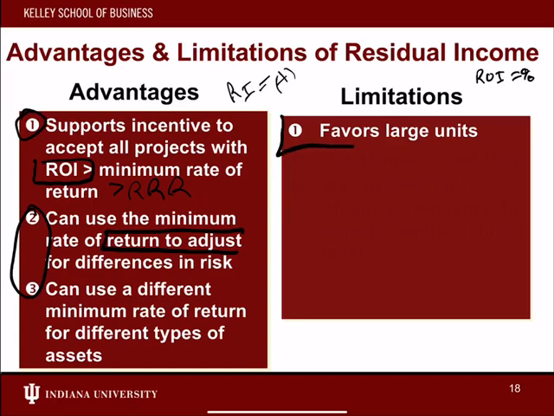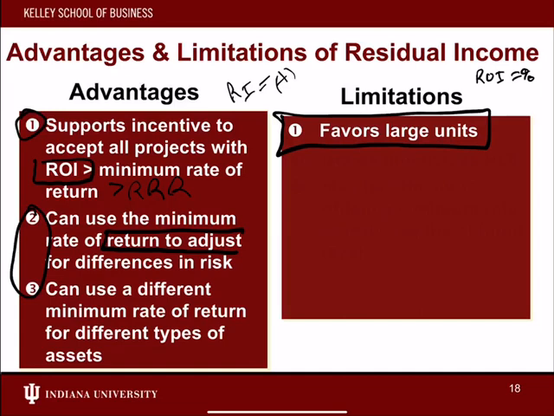But with residual income, that's not the case. Walmart versus mom and pop, Walmart probably has millions, if not billions of dollars of residual income, just because of the nature of the size of the firm. But the mom and pop shop, obviously, on residual income, they can't compete with Walmart.